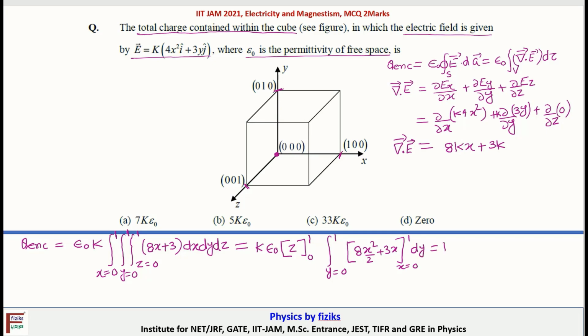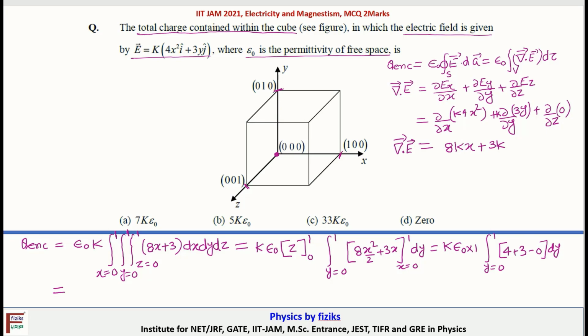So that will give k epsilon naught into the integral of y from 0 to 1, and this will be 4 plus 3 minus 0 dy.